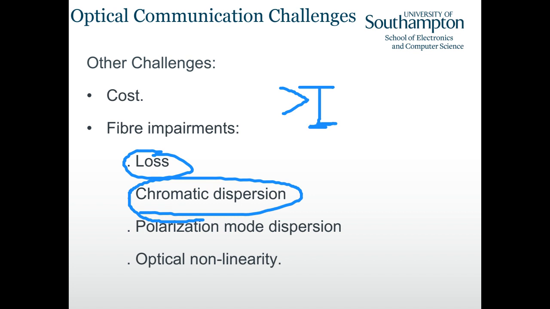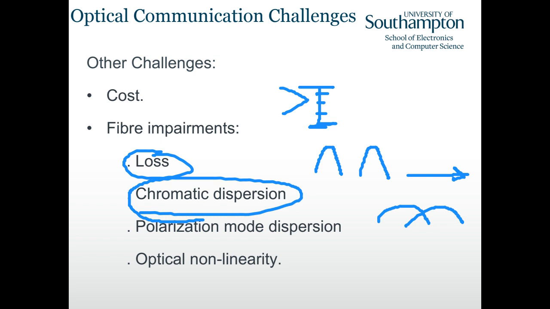We'll have a collection of wavelengths, and different wavelengths would travel at slightly different speeds. So at the transmitter, we have separated pulses. And then after long distance transmission, the pulses would overlap. So here we have inter-symbol interference.